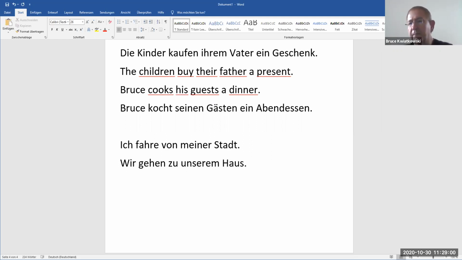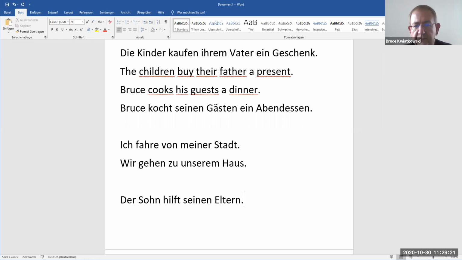We're going to our building or our house, whichever one you have there. Okay? And then also with the dative verbs. Der Sohn hilft seinen Eltern. Okay.